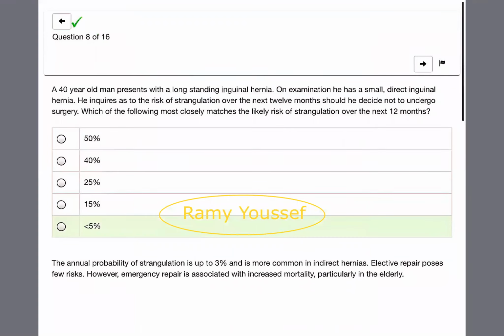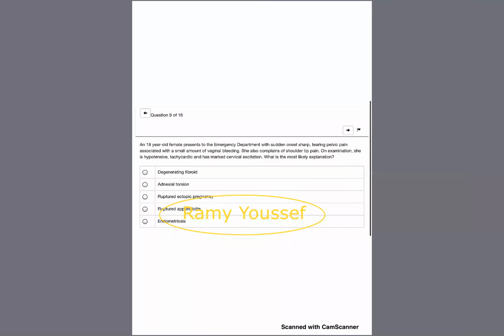I haven't seen any obstructed direct hernia before. So it should be less than 5%. It will be the most suitable answer for this question. Okay, so it is 3%. Even if I don't know, I haven't seen it before, so 5% will be the logical answer.